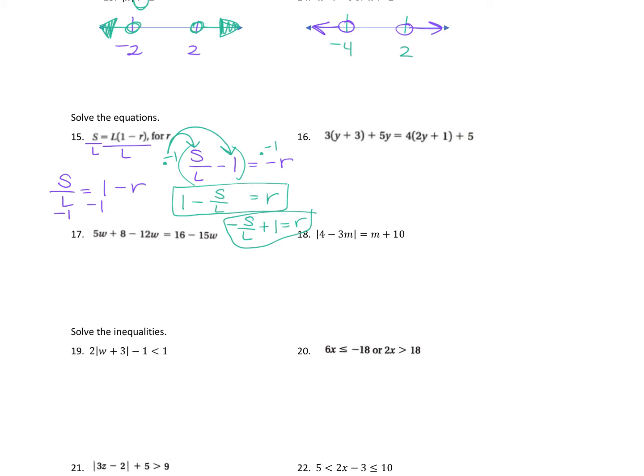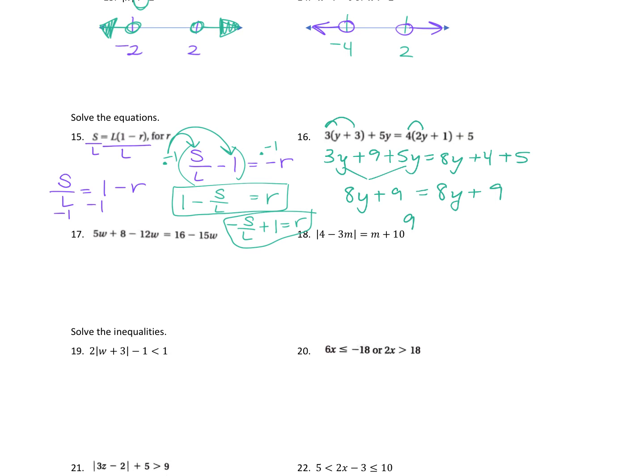16. So first thing you want to do is distribute this. So 3y plus 9 plus 5y equals 8y plus 4 plus 5. Simplify that. So this is 8y plus 9 equals 8y plus 9.